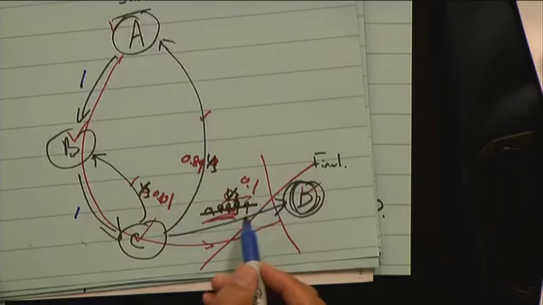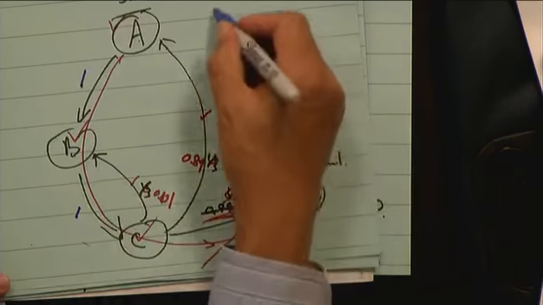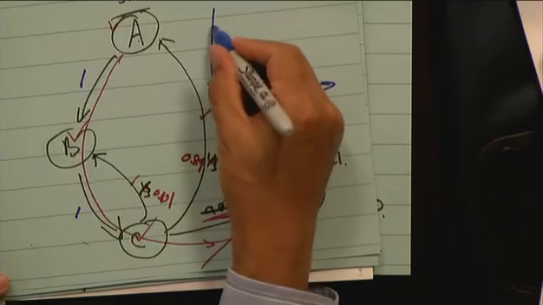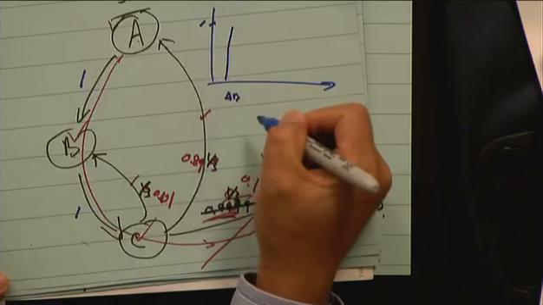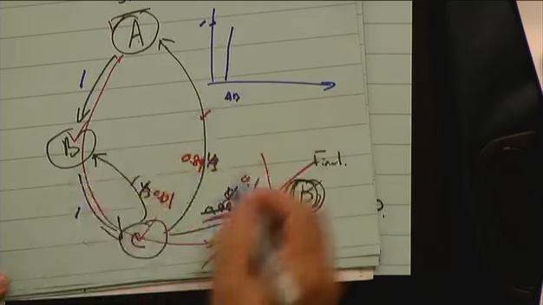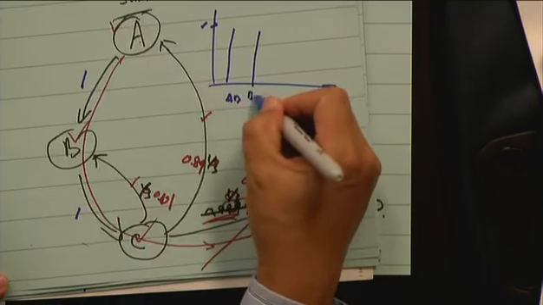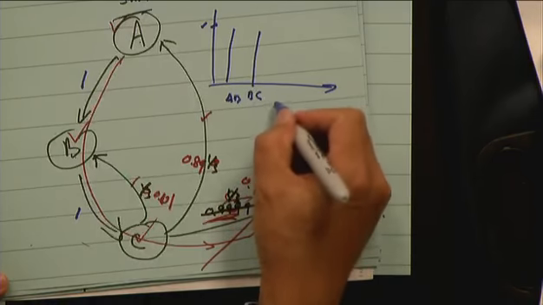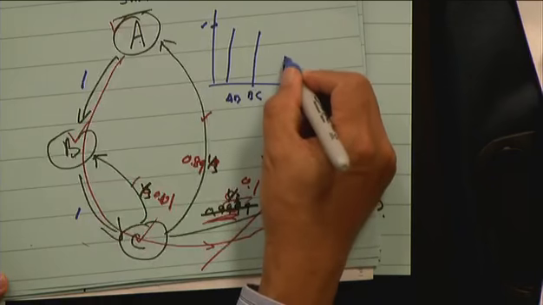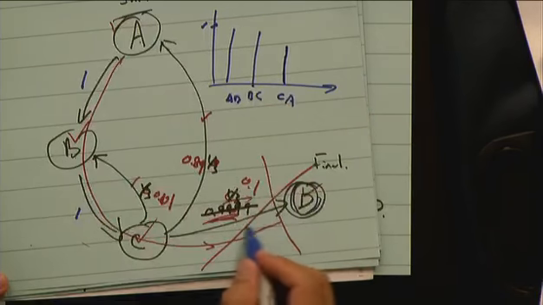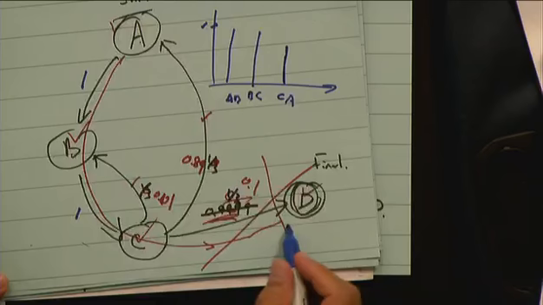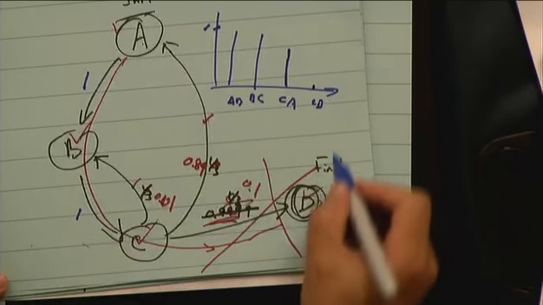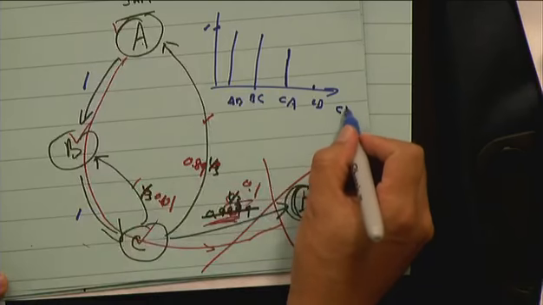Okay, so what you have here is AB, this is a 1, so AB is a 1. Okay, and BC at 1, BC. Okay, and then the next one is CA. CA is 0.89 here, and then you have the CD. CD is this one, and then the last one is the CB.